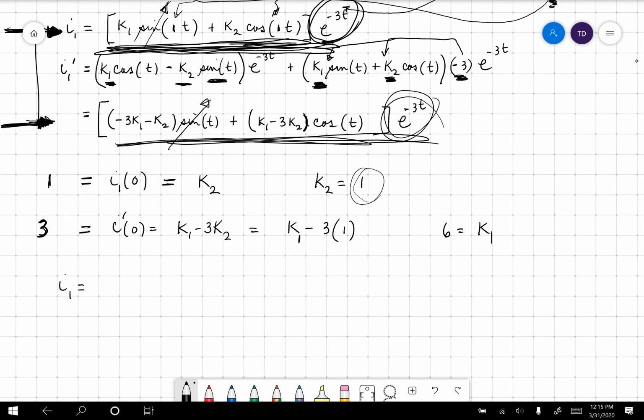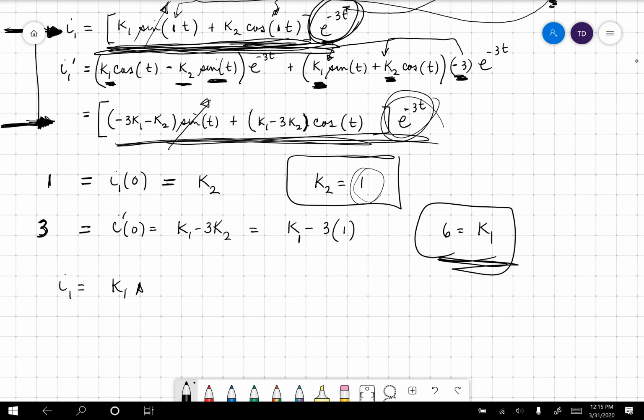So put my k1 there. k1 is 6. Now we're going to substitute. k1 is 6, k2 is 1. It's k1 sine of t plus k2 cosine of t. All of that, remember, multiplies e to the minus 3t. Let's put those values in.